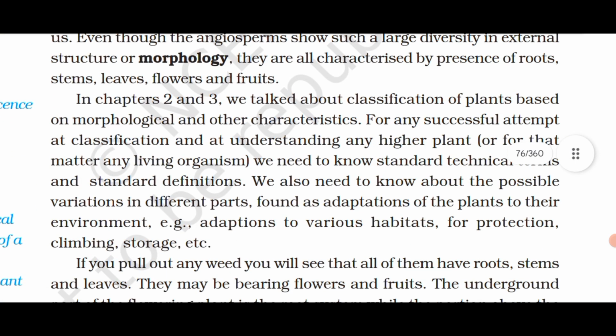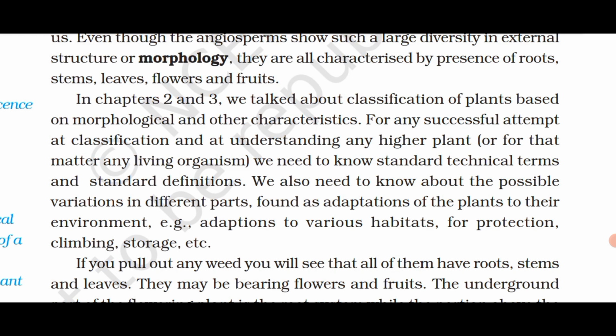In Chapters 2 and 3, we talked about classification of plants based on morphological and other characteristics. For any successful attempt at classification and at understanding any higher plant, or for that matter any living organism, we need to know standard technical terms and standard definitions.